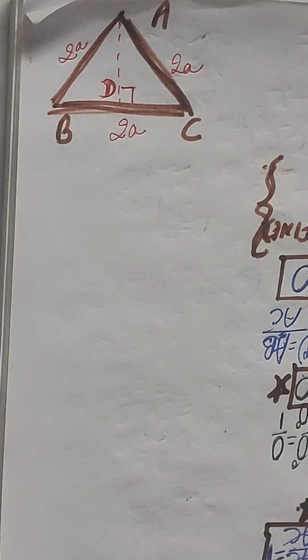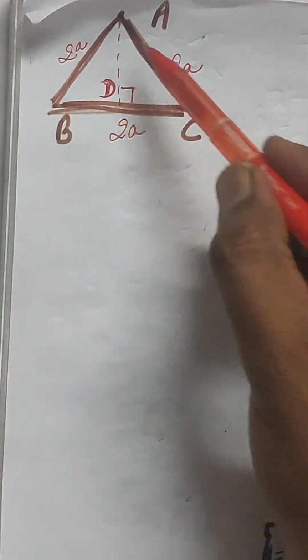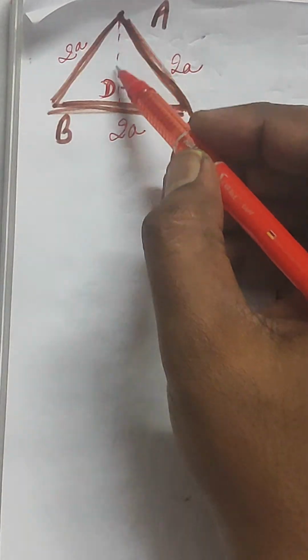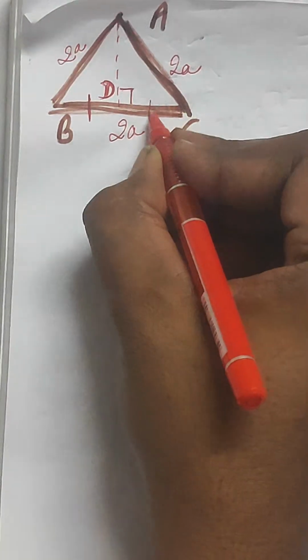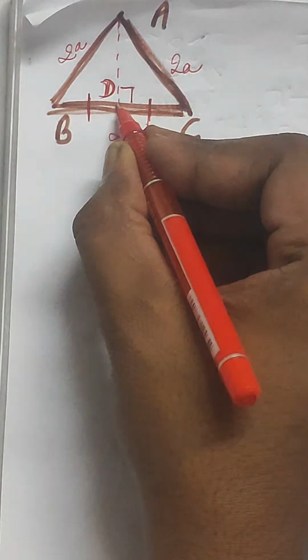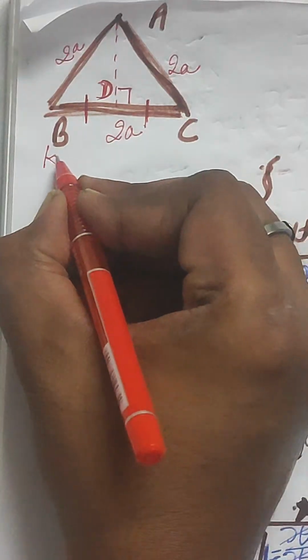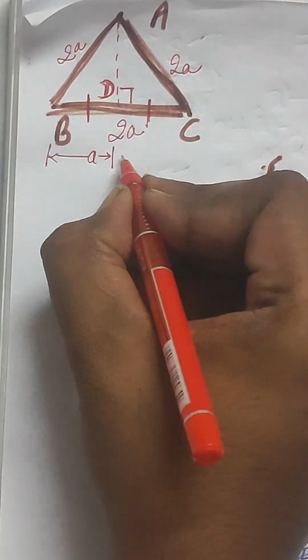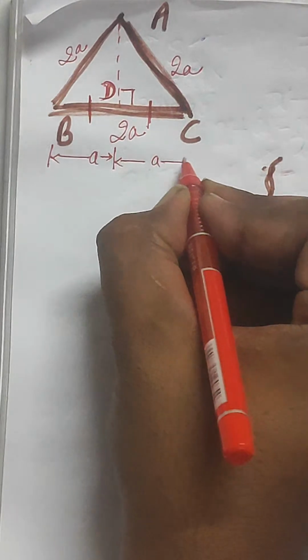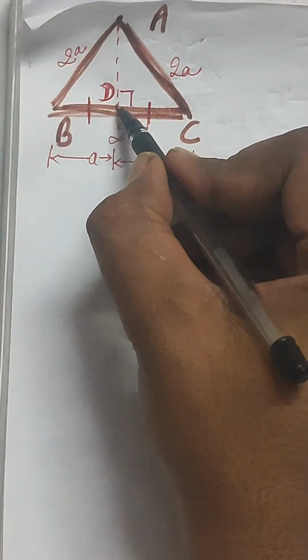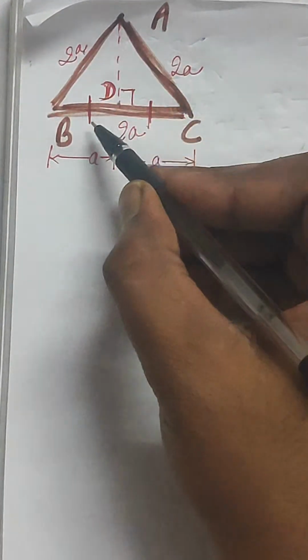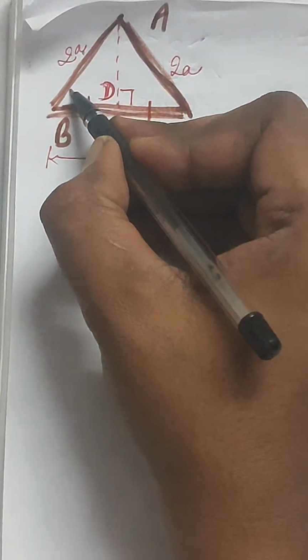Since this is an equilateral triangle, AD is the perpendicular bisector, so it will divide BC into two equal parts, where BD is equal to CD and the length of each part will be equal to a. Any doubt in this, students? I don't think so, right?